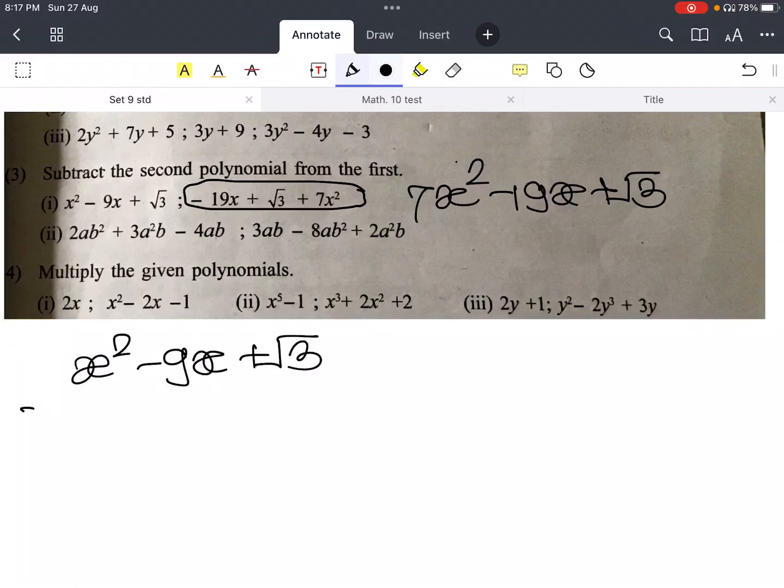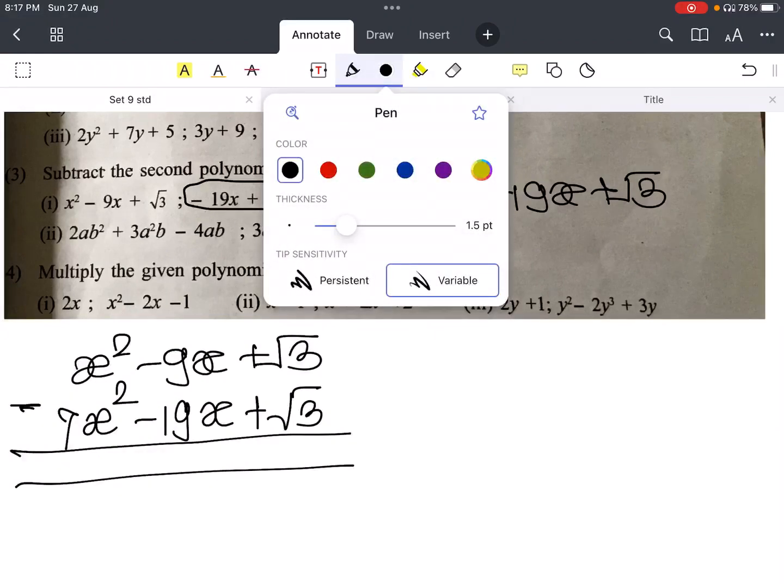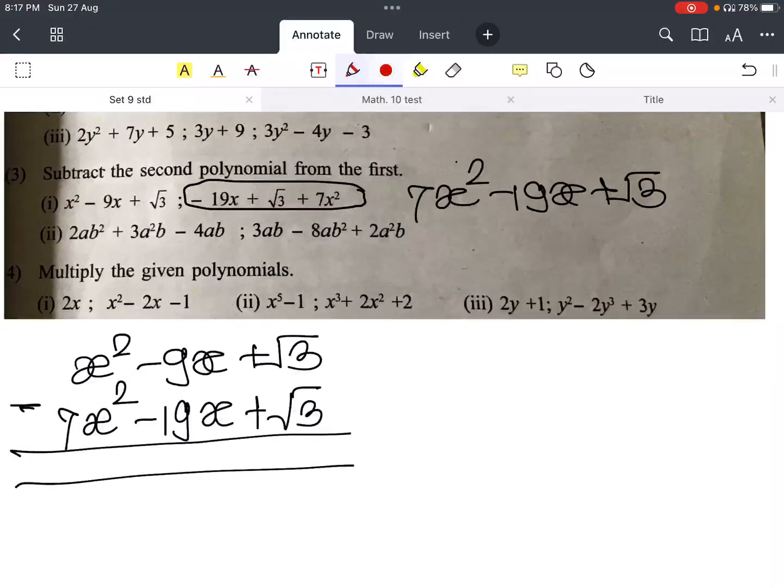Now subtract it. So minus of 7x square minus 19x plus root 3. Okay. Now, according to the sign inversion rule, what will happen?